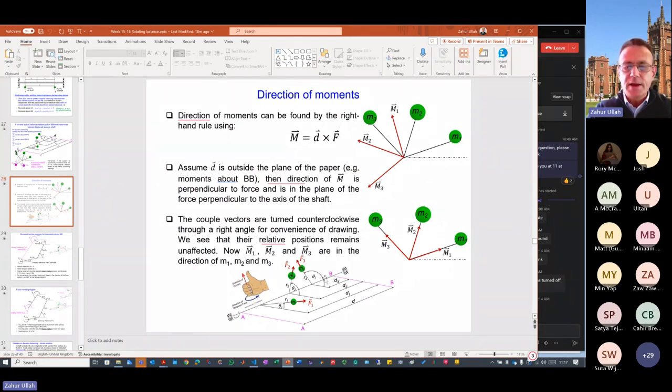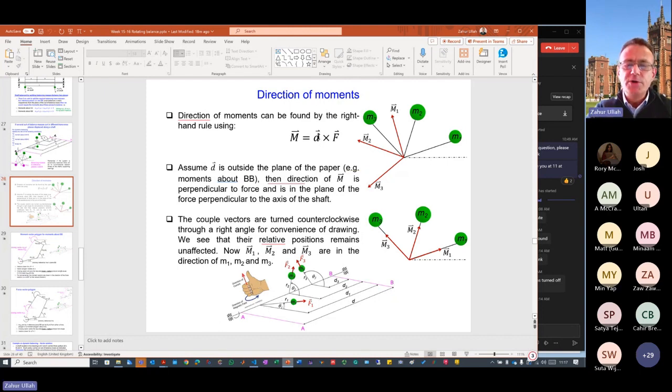You just put your fingers in the direction of this D. D in this case is now from B in this direction toward A. So then you can see that this is our D, and F is here.